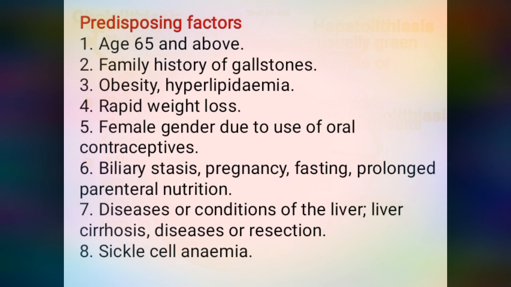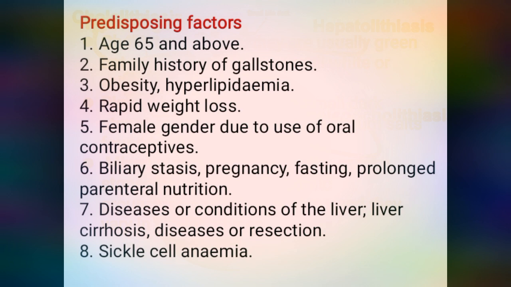And also rapid weight loss. Rapid weight loss, in this case, is going to stimulate the liver to oversecrete cholesterol that can result in the aggregation and forming stones within the gallbladder. The female gender, due to use of oral contraceptives. In this case, these oral contraceptives are synthetic hormones, which are estrogen and progesterone.